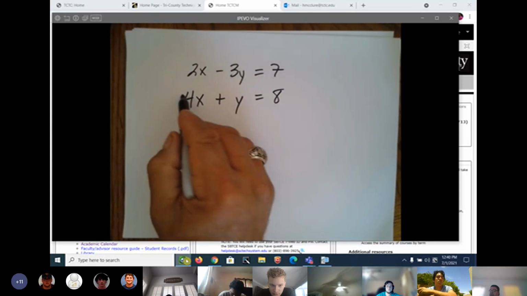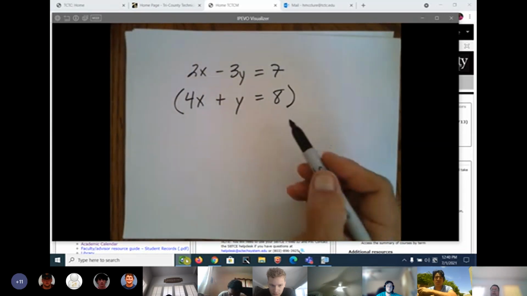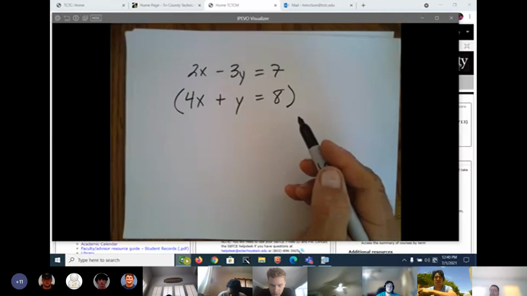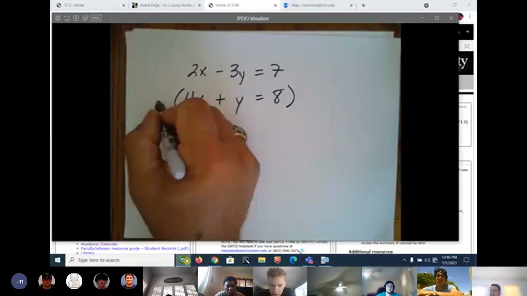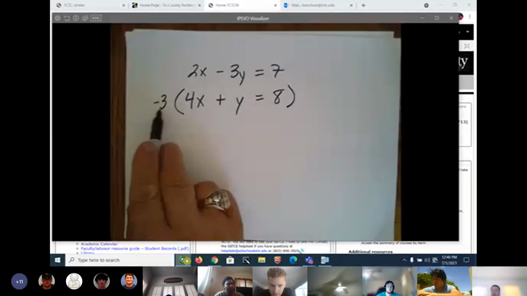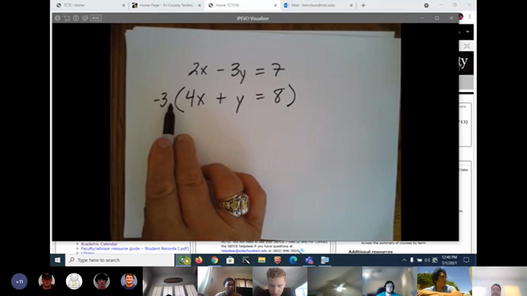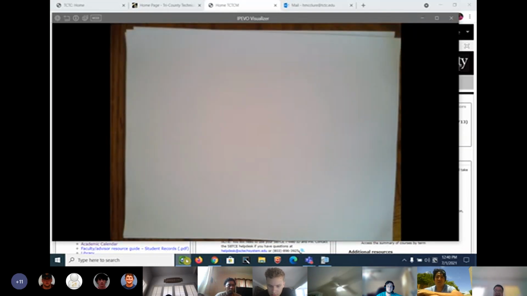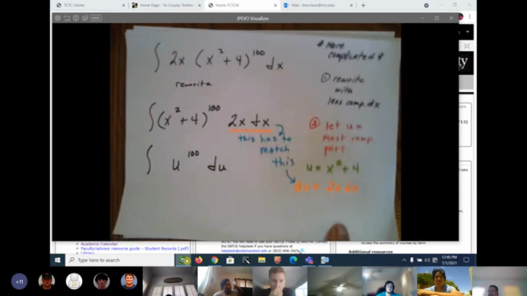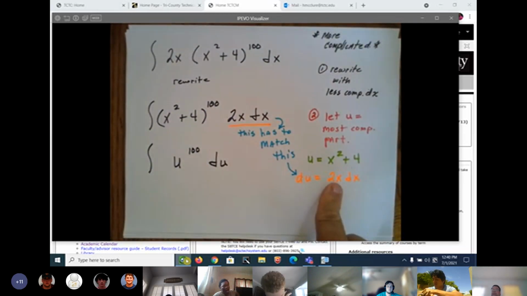What did we do to the second row to make the y's eliminate? Multiply by negative 3. All right, so you manipulated the second row by negative 3. So you're going to have to use that same mentality if this doesn't match that.